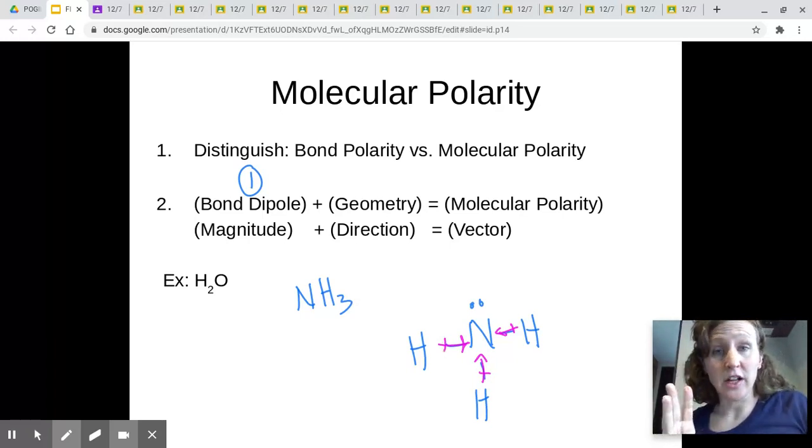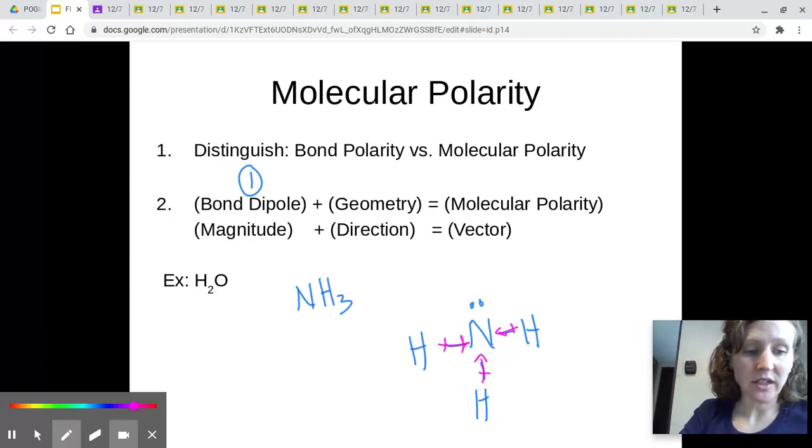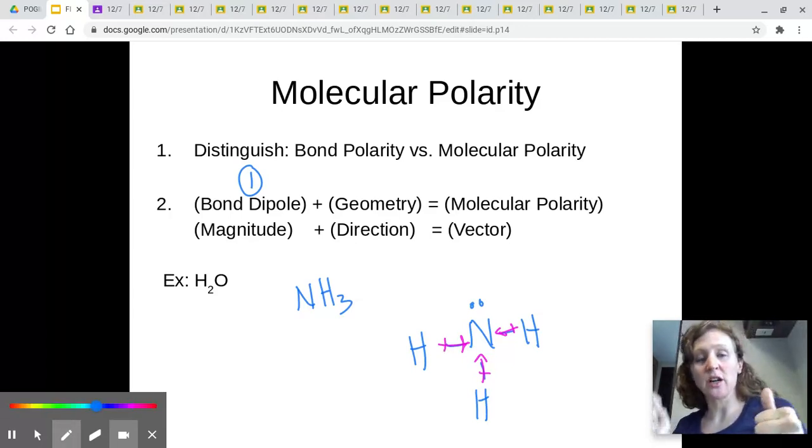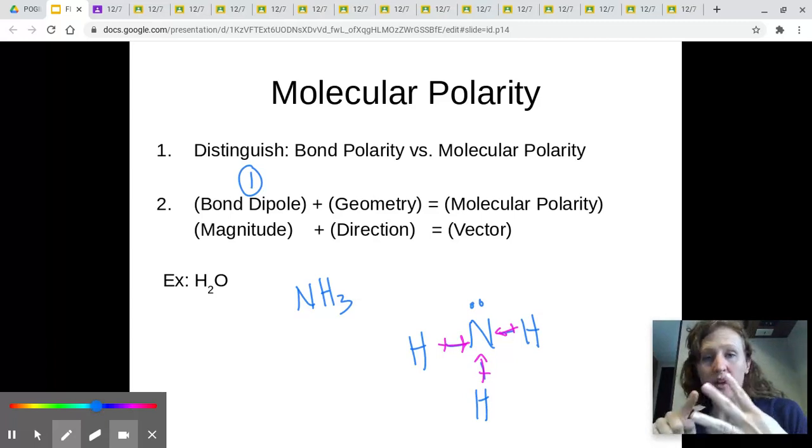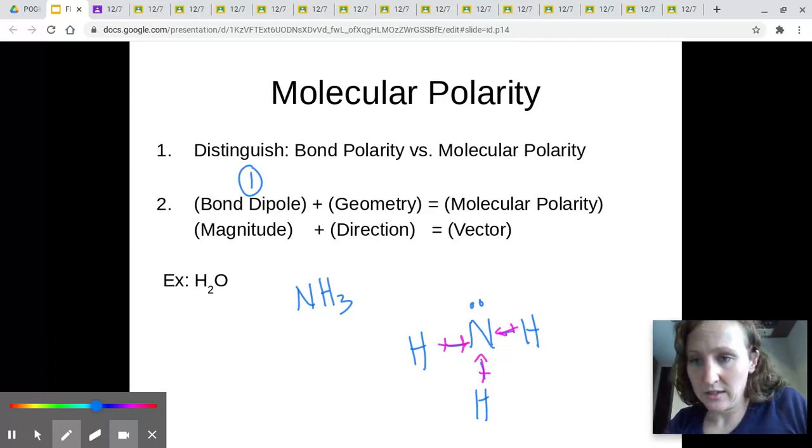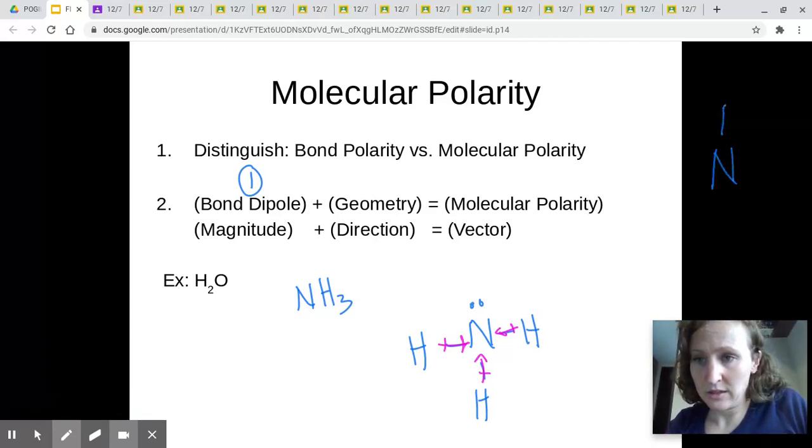Third of all, I have to consider, are those bond dipoles going to be symmetrical and therefore cancel each other out? So then I have to look at the VSEPR structure. Around nitrogen, I have 4 effective pairs, right? 3 bonding pairs and a lone pair. So this is going to be tetrahedral.